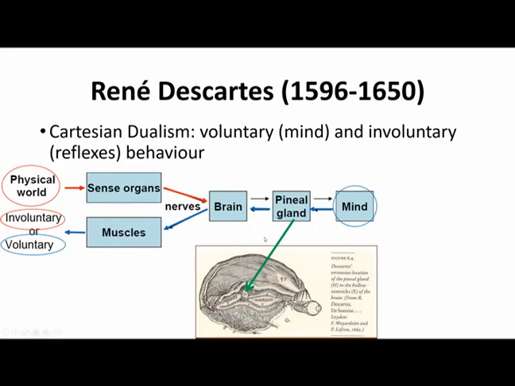And I suppose I should state here that from his view of non-human animals, where he assumed that they had no ability for voluntary behavior, that pathway would be absent in other animals. So only humans would have this part of the pathway, specifically the mind to pineal gland to brain part of it. They would rely entirely on this involuntary arc here.